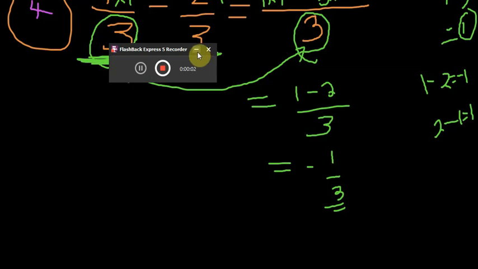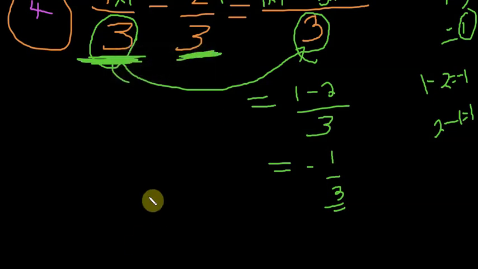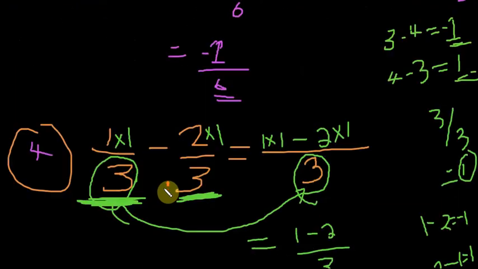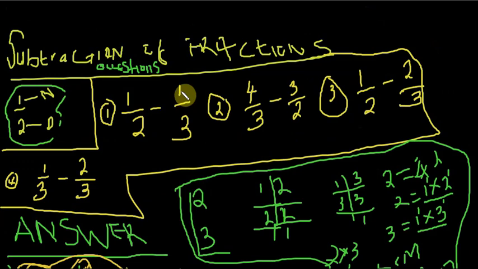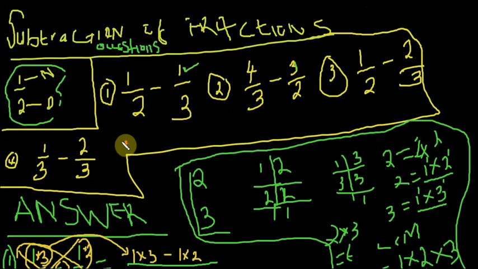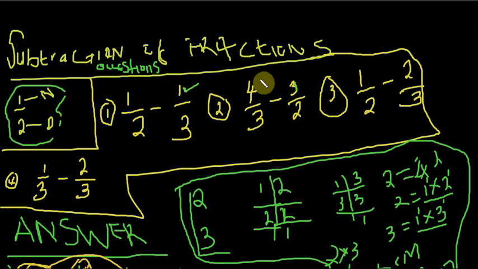Welcome back to part 2 of subtracting fractions, mixed fractions, and improper fractions. Now, in the previous video, we subtracted proper fractions, which are these ones here, and improper fractions, which was number 2.